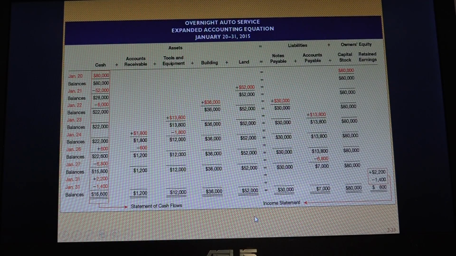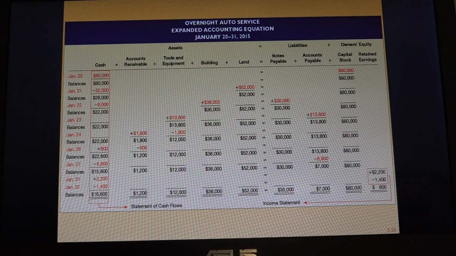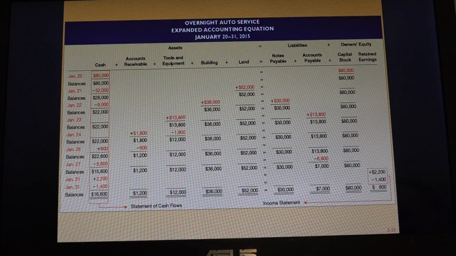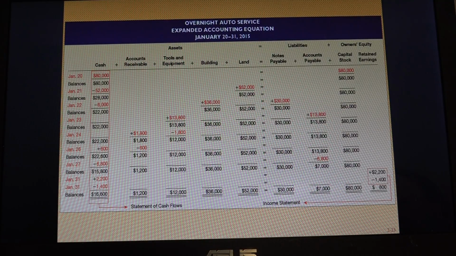All right, so for the last 11 days since they started, I think what they've decided to do is not close the books, but stop at the end of the month and take a look at where they are financially. Okay?